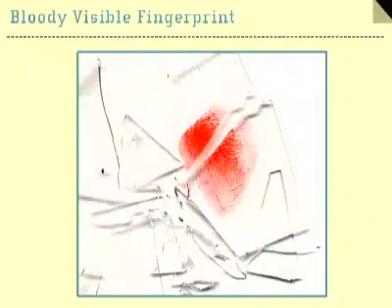Essentially, a material has coated the fingertips, and that material is then transferred to another surface. Literally, you see an outline of the friction ridge detail. That particular type of fingerprint is referred to as a visible fingerprint.